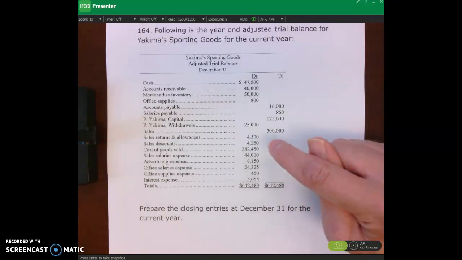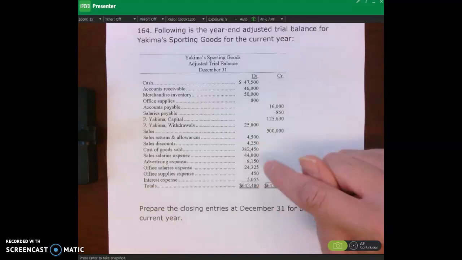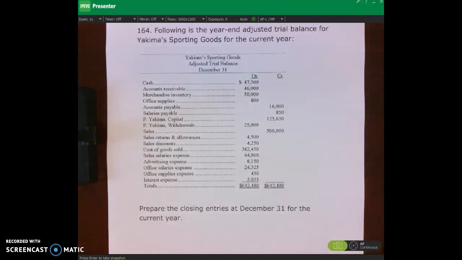And those, starting from our sales returns and allowances down to interest expense, are all debits.